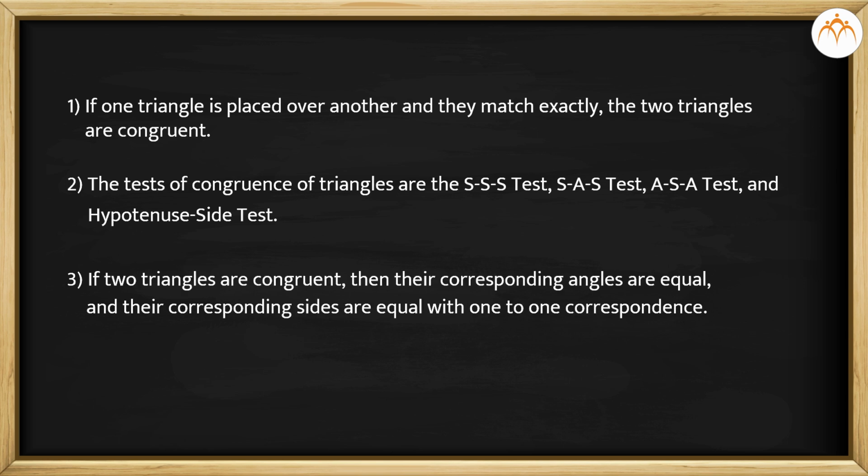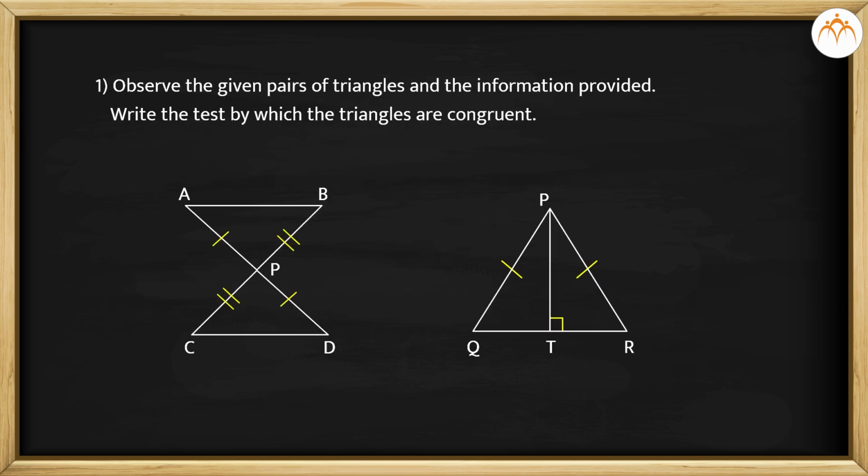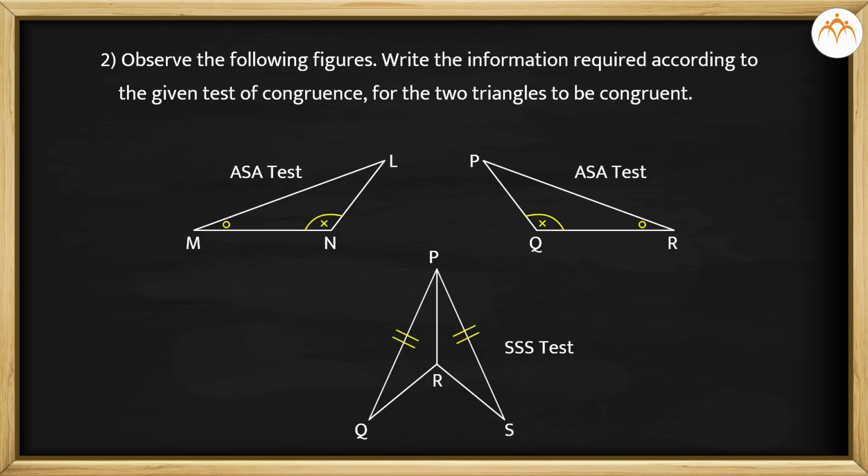If two triangles are congruent, then their corresponding angles are equal and their corresponding sides are equal. Exercise. Observe the given pairs of triangles and the information provided. Write the test by which the triangles are congruent. Observe the following figures. Based on the given test, write the additional information required for the two triangles to be congruent.